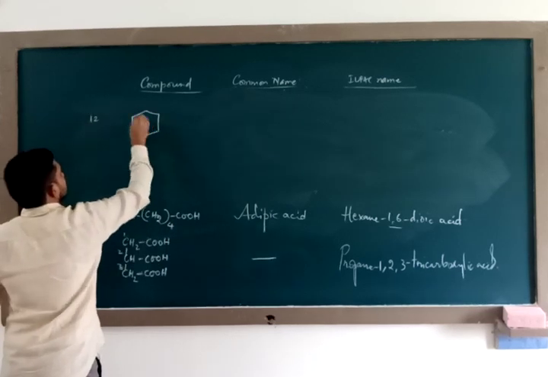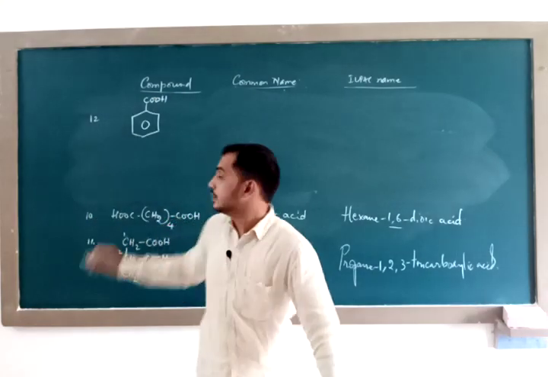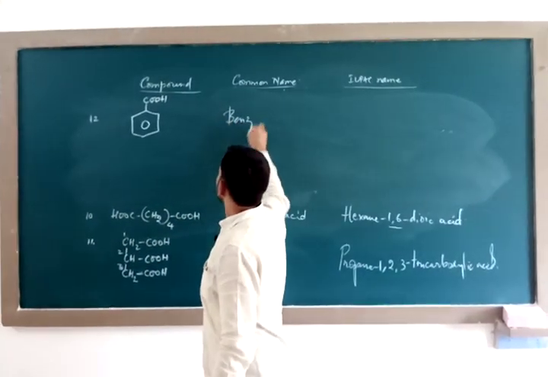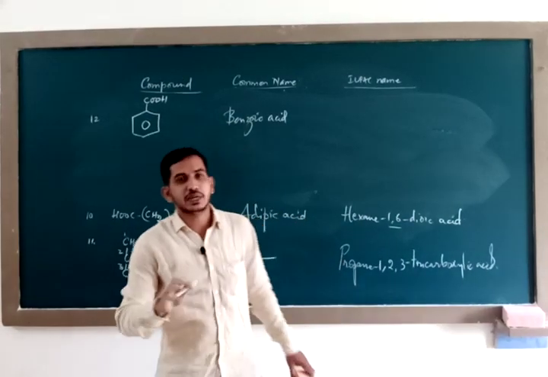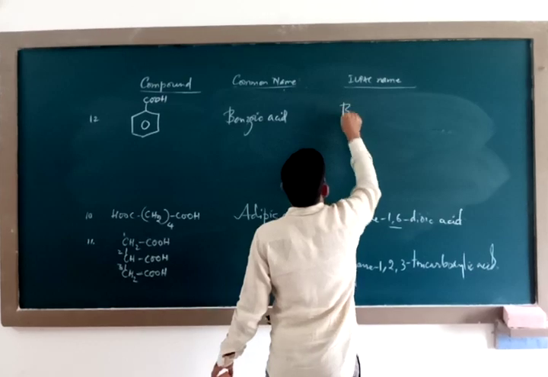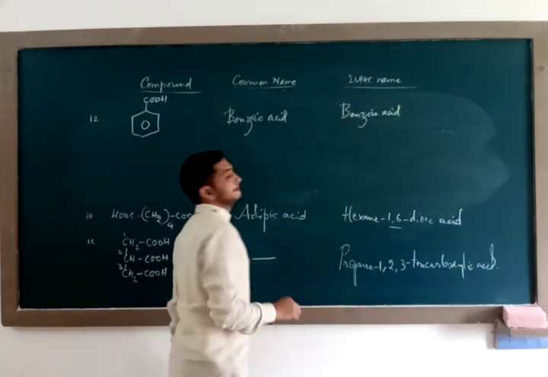This time you see some aromatic compounds. Its common name is benzoic acid. Benzoic acid is now the accepted IUPAC name. So benzoic acid is the accepted IUPAC name.